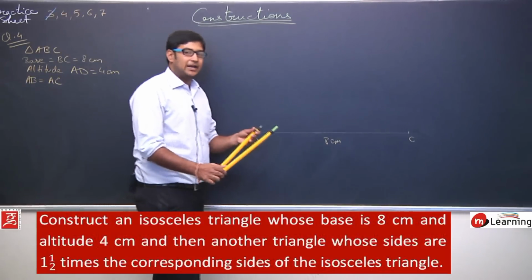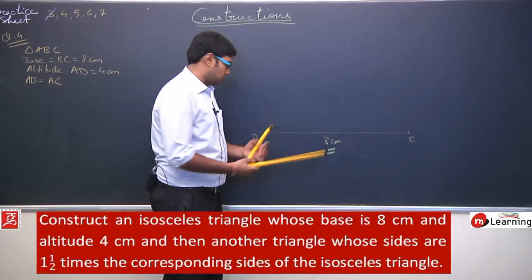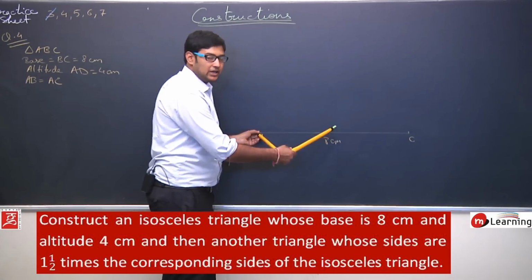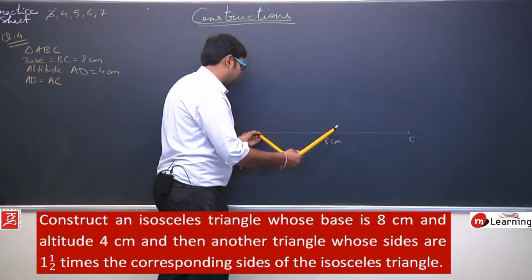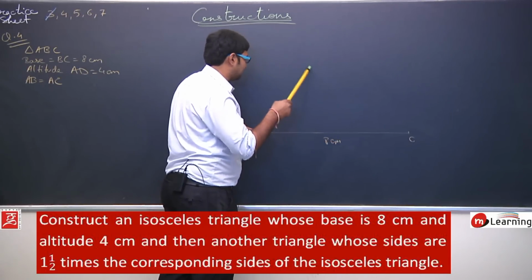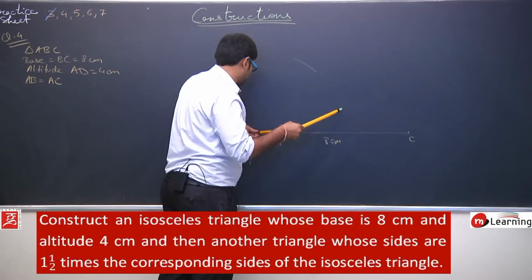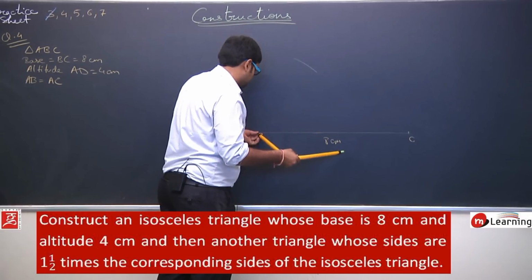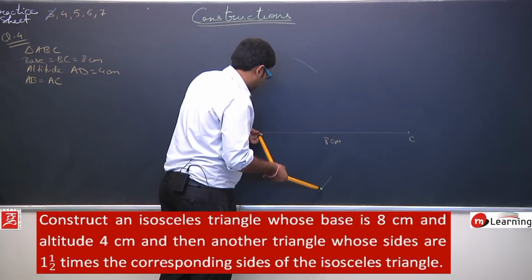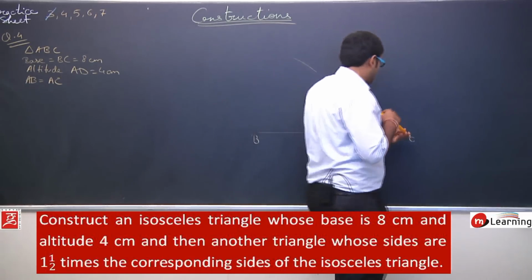We will take some random radius which is more than half of this BC, and I will put two arcs using this point B as the center, one arc here like this, and one more arc here like this, and using the same length I will put my compass at point C.